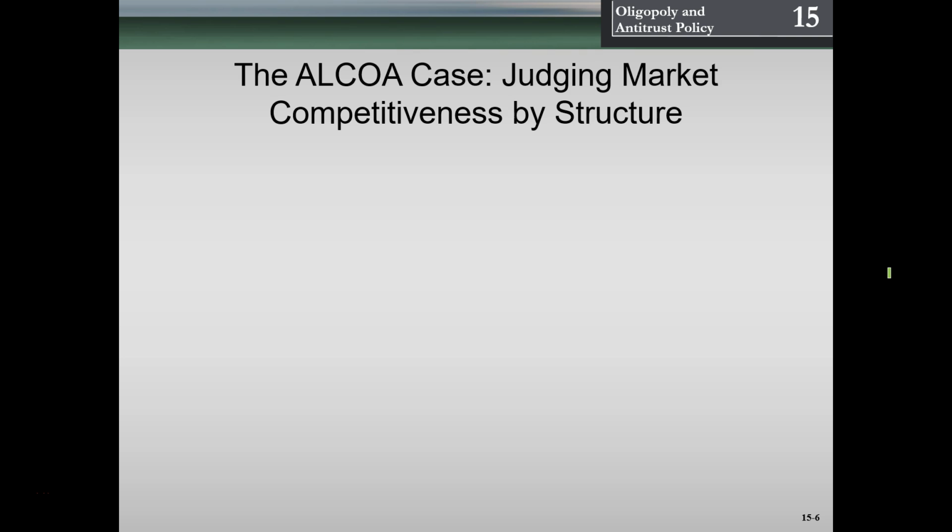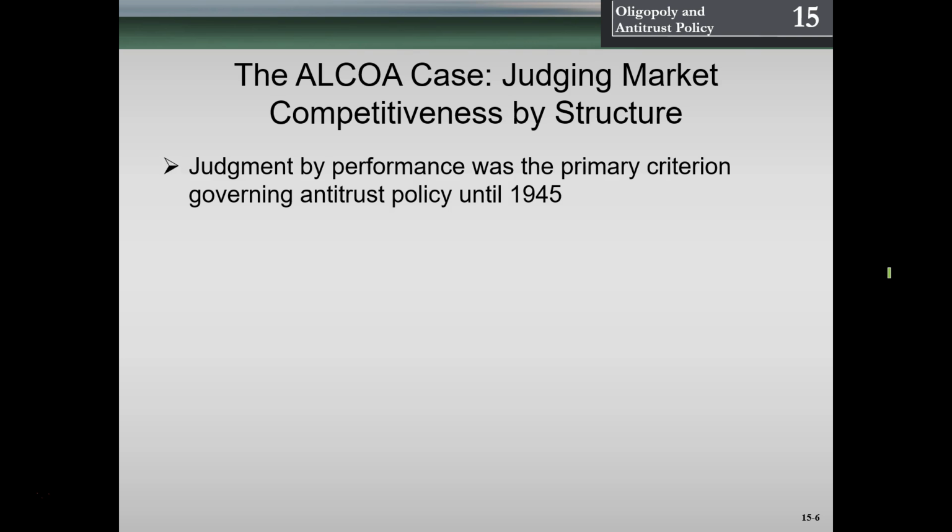Then we have the ALCOA case, judging market competitiveness by structure. Judgment by performance was the primary criterion governing antitrust policy in 1945. So the precedent was that being a monopoly in and of itself is not the problem; it is the practices that make someone a monopoly, and that's when the law will be broken and a company can be broken up.